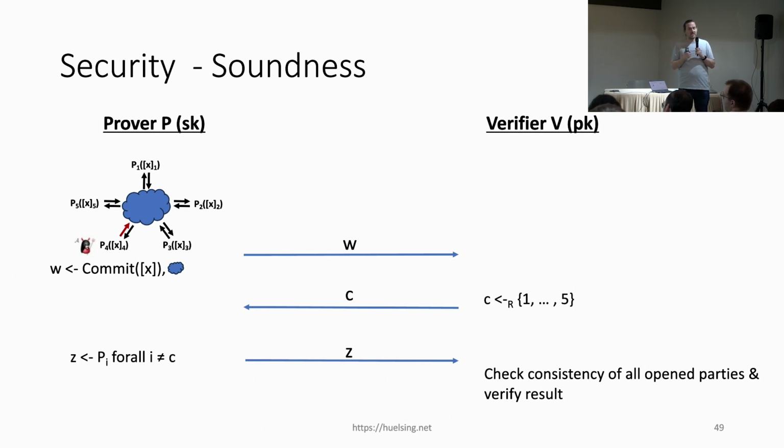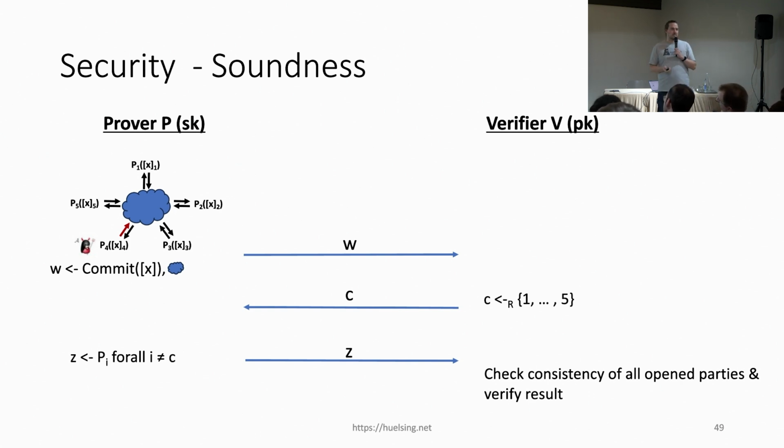I shouldn't misbehave in the name of two, because then I will get caught anyway, because all but one party get opened. So I will misbehave in the name of one party, which means I will produce communications, marked in red here, which do not match what the input would actually produce.